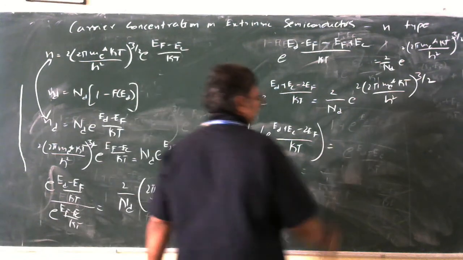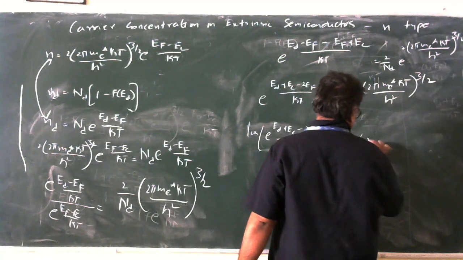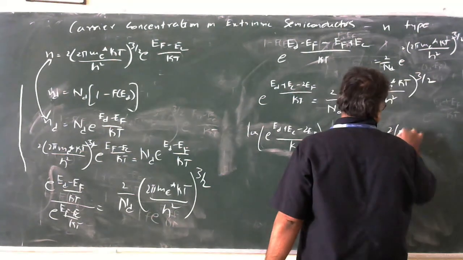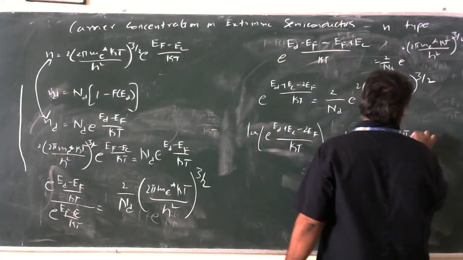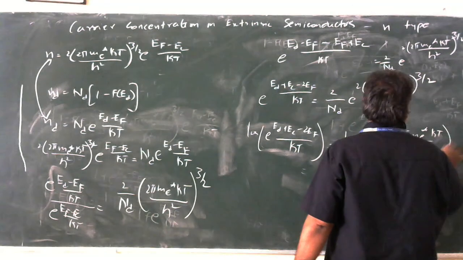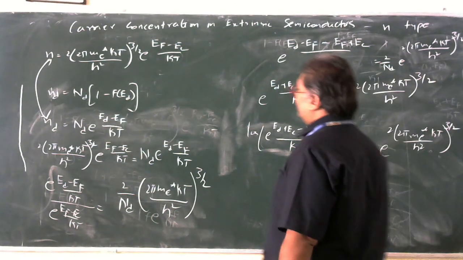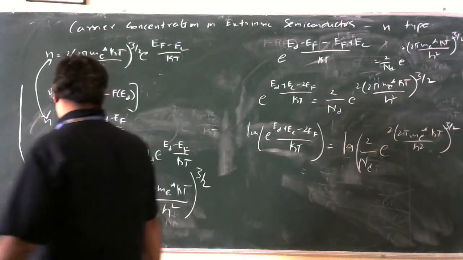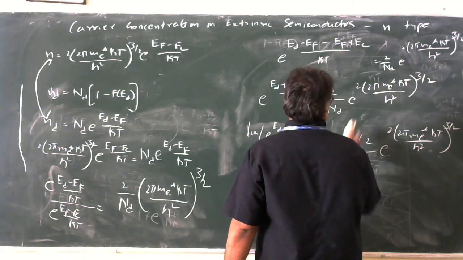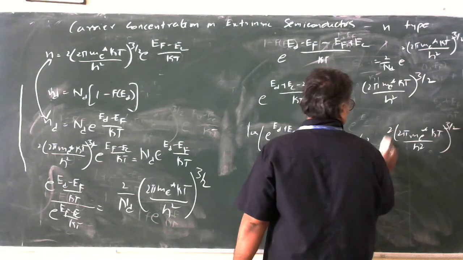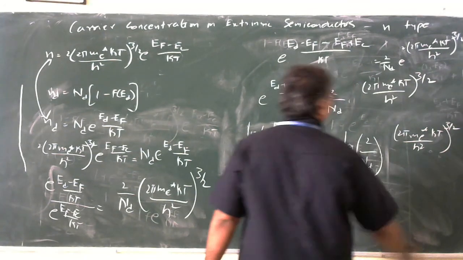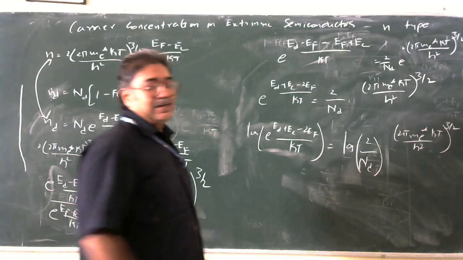We are going to have log of 2 by ND into (2 pi m e star KT by h square) whole power 3 by 2. So this is what we are going to have.